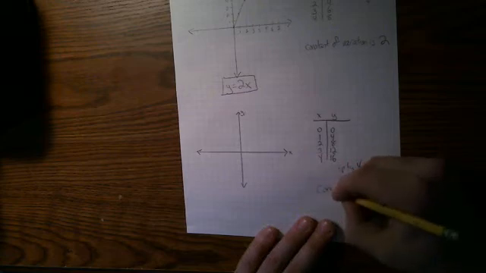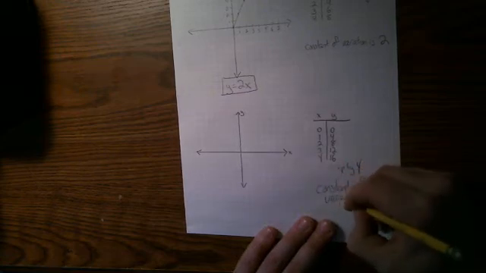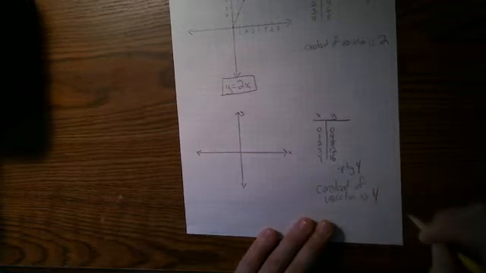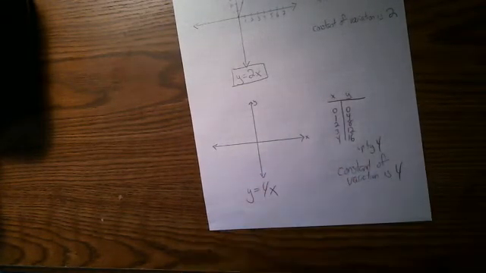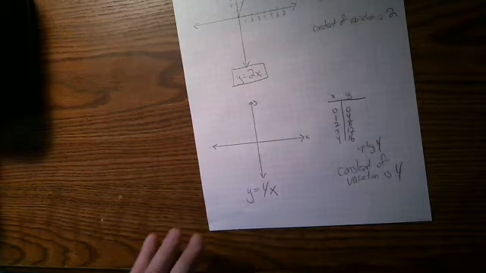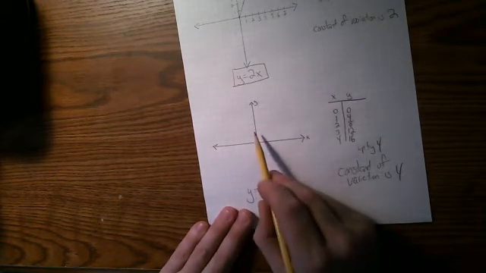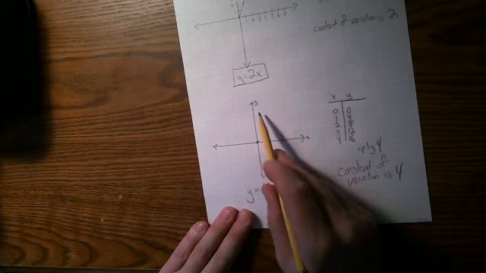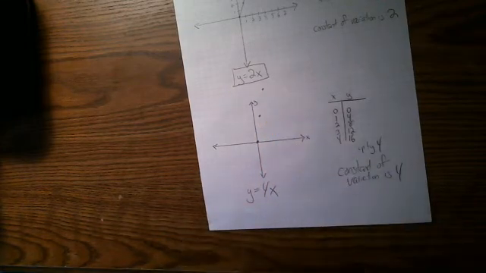Therefore, our constant of variation is 4, and hence, our equation, y equals 4x. So we're passing through the origin with a slope of 4. Rise 4, run 1. Rise 4, run 1. And there is our graph.